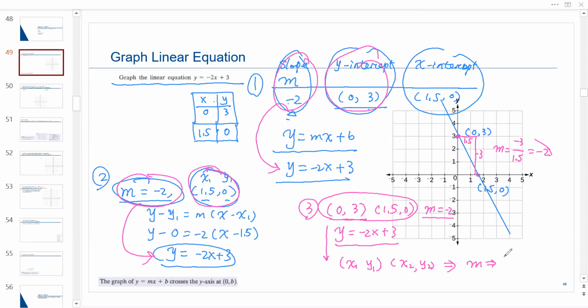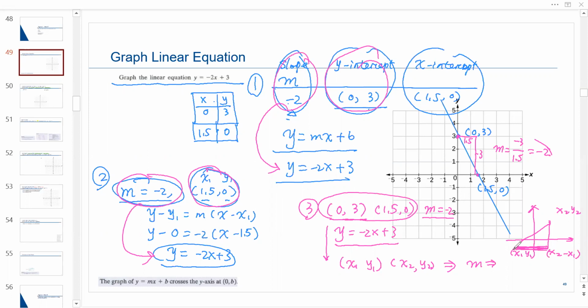Let's graph it here. This is x1, y1 and this is x2, y2. What is the x change? This part is x2 minus x1.